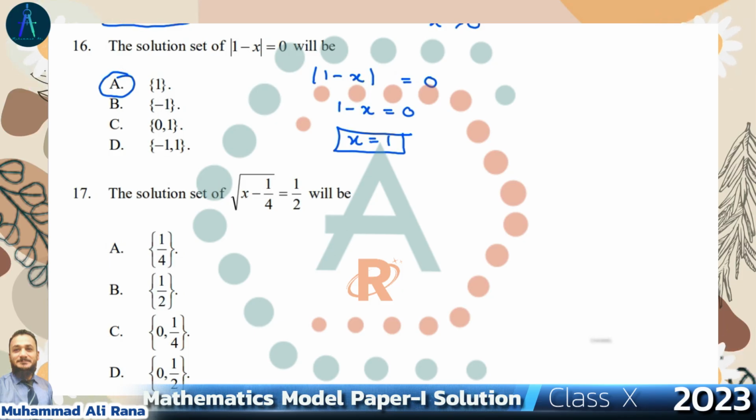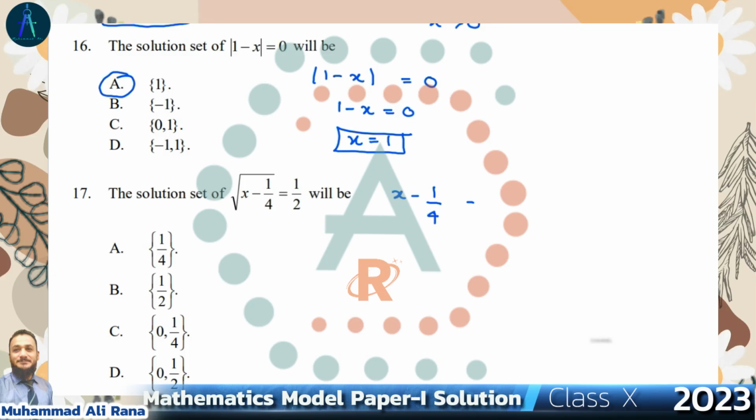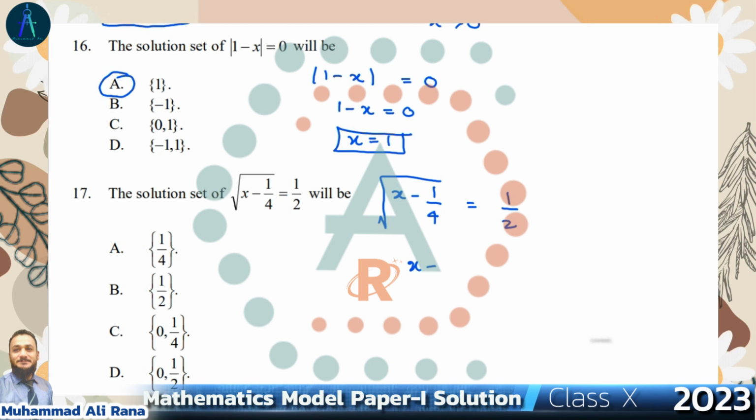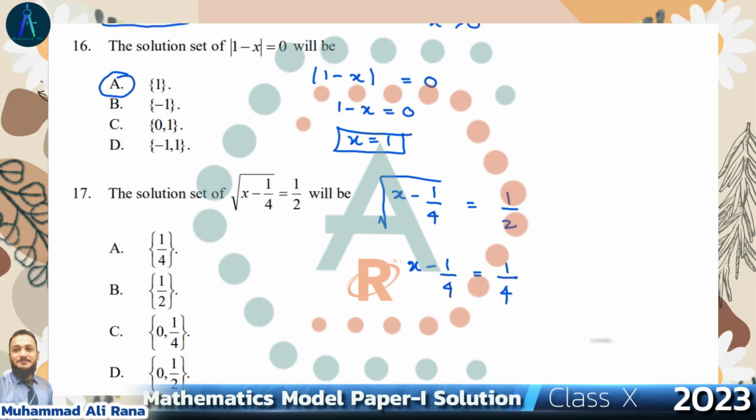The solution set of this quadratic equation. So square root of x minus 1 over 4 is equal to 1 over 2. We have got the square root here. Squaring कर देते हैं both side पर. By squaring, taking square on both sides, we get x minus 1 over 4 is equal to 1 over 4. हमने both side पे squaring कर दी, so 1 over 2 square will be equals to 1 over 4.